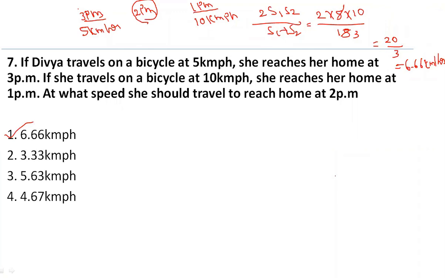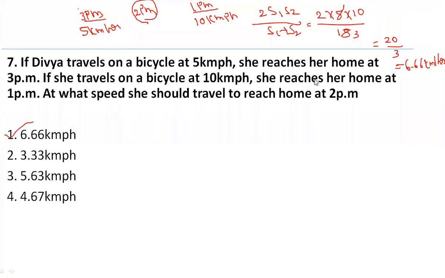Try to understand when we can use the shortcut, because it has limitations. This is point of time. One speed is 5 and the other speed is 10. In case 1 the time is 3 p.m. and in case 2 the time is 1 p.m. If the time they're asking is exactly the middle value of the case 1 time and case 2 time, then it goes the same as average speed, and you can apply the average speed formula.